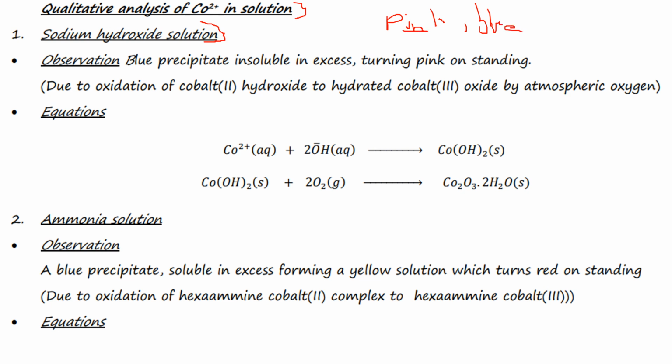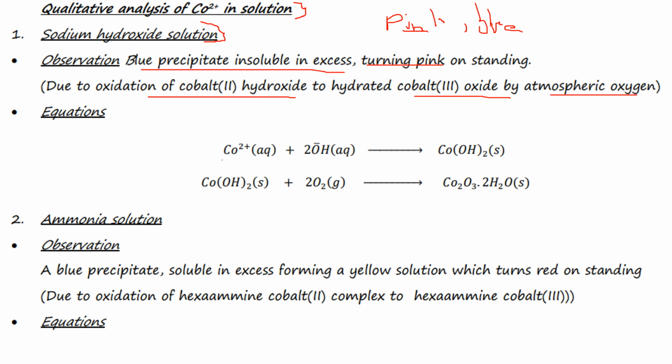So for the observation, when you add sodium hydroxide, you are going to first observe a blue precipitate which is going to be insoluble in excess, but on standing it's going to turn pink. And let's look at the reason behind that. This is going to be due to the oxidation of cobalt hydroxide to hydrated cobalt 3 oxide by atmospheric oxygen, by a method called aerial oxidation.